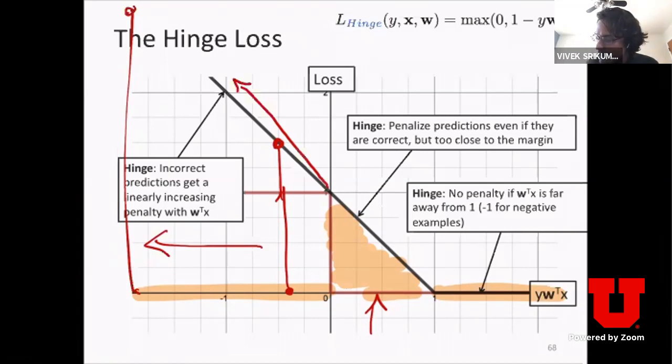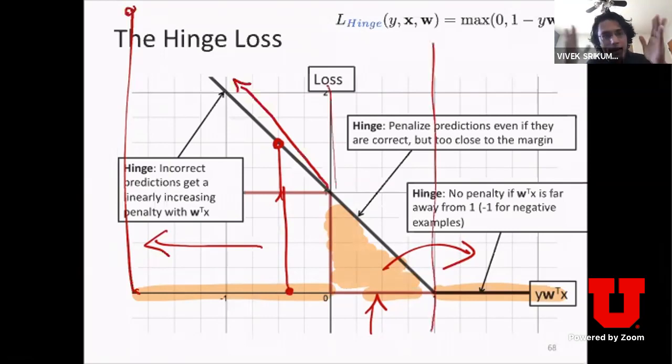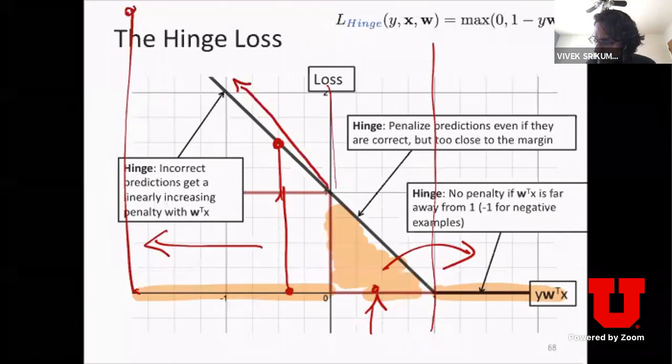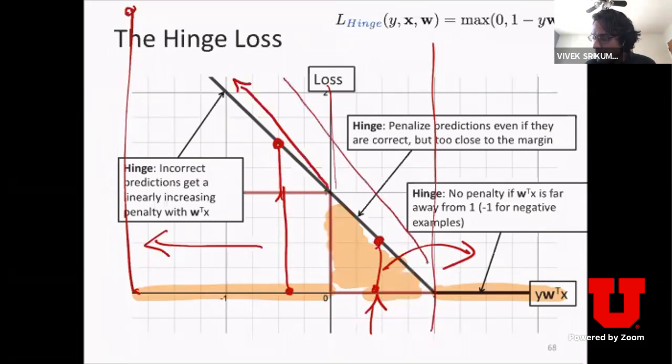Not only do I want the examples to be correctly classified, I want them to be on the correct side of the margin. I want them to be far away from not just the decision boundary, but also from this gap that I want to leave. And any example that lies in between is given a penalty that depends on y w transpose x. Notice that the penalty decreases as you get closer and closer to this margin 1, and at that point, the penalty flattens out to be 0.